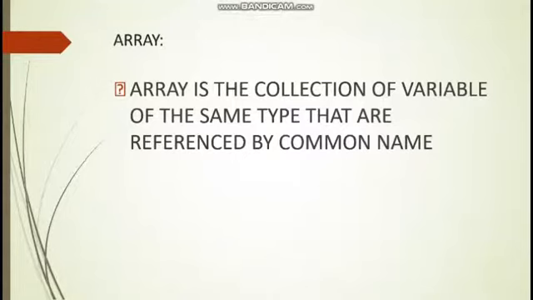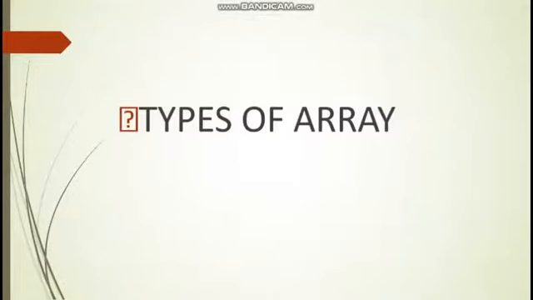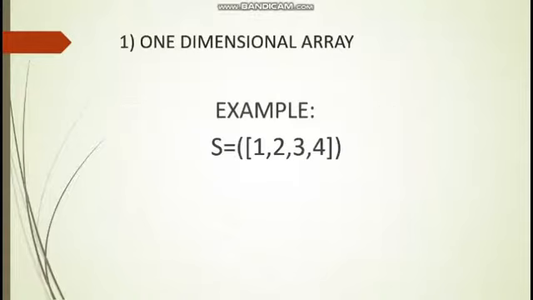So let's move on to the next topic, that is types of arrays. There are three types of arrays. The first and foremost type is the one-dimensional array. I write it here in a Python programming example. In another programming language, you will have the same thing, but it will ask for a data type.